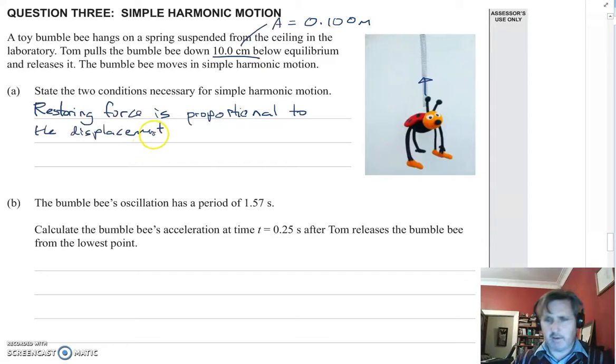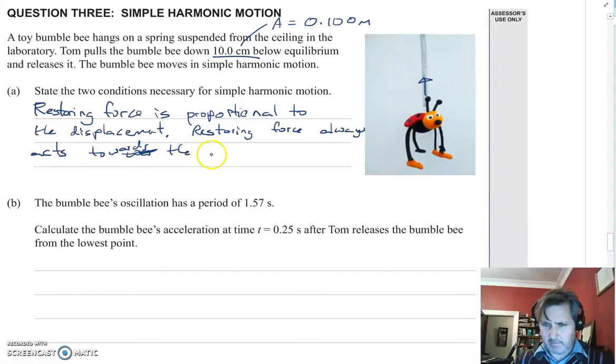And the other is that the restoring force always acts in the opposite direction, always acts towards the equilibrium point.